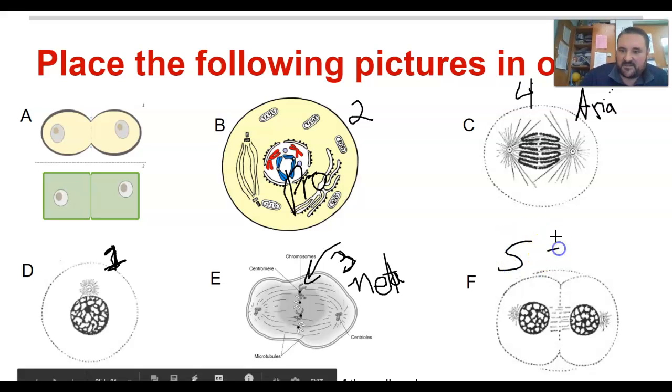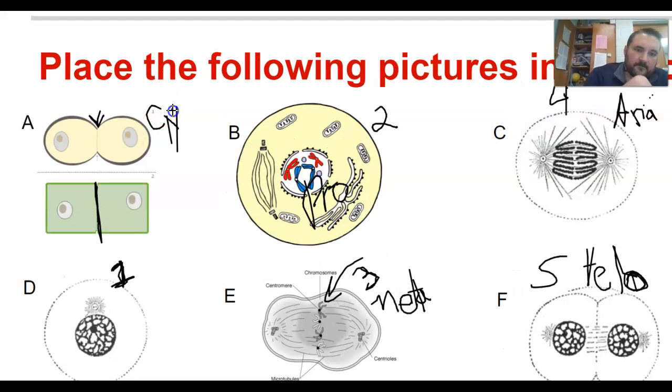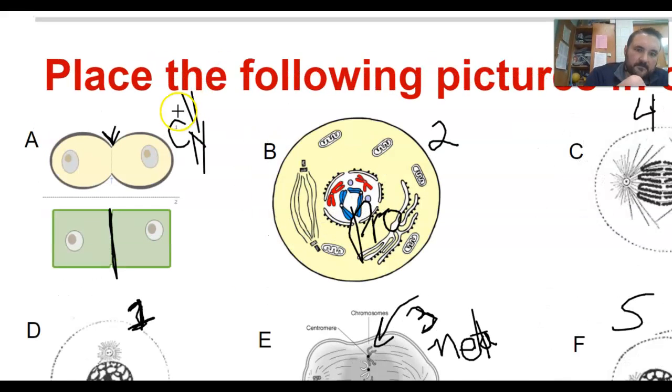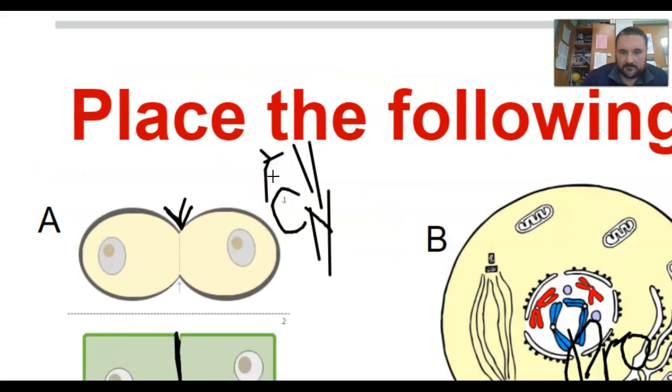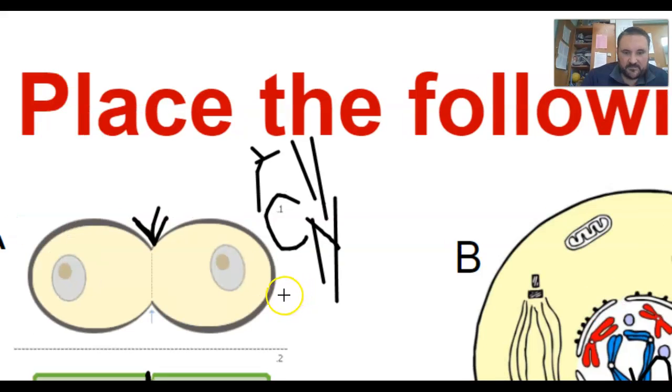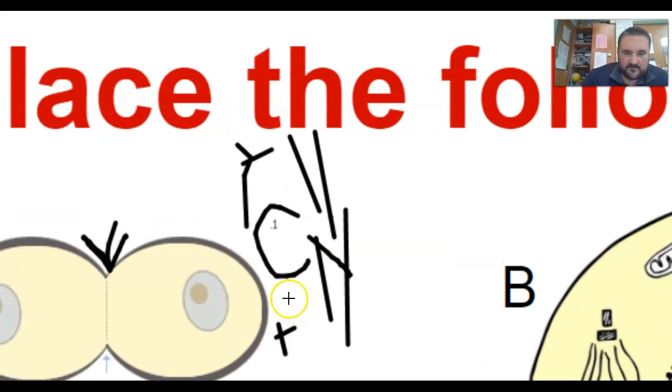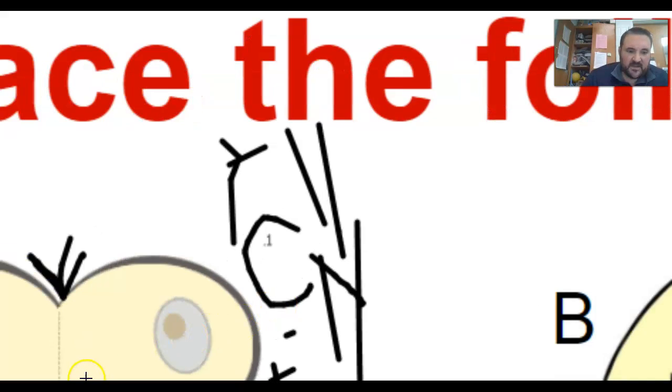This is number 5. This is telo. That's telophase. And then the last one here, this is the plant. There's your cell plate. This is your pinch. This is cytokinesis. For some reason, I can't write on the screen right now. It's just going crazy. But that one's cytokinesis.